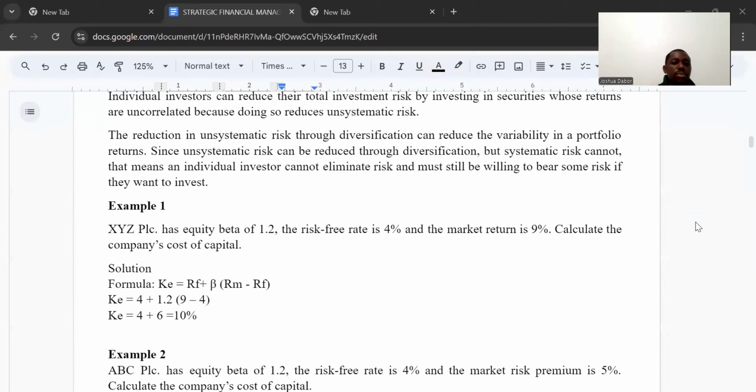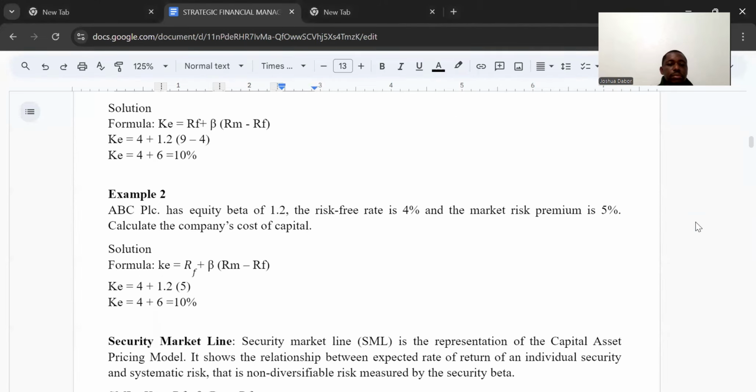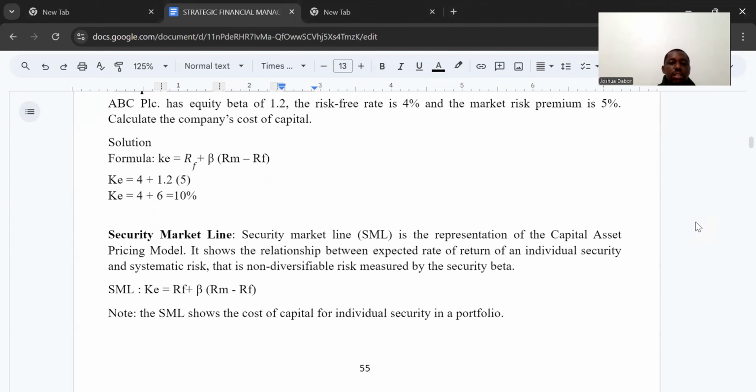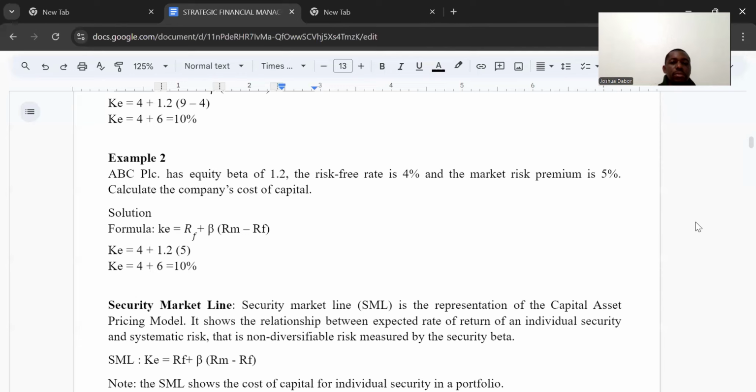Second simple example. ABC has an equity beta of 1.2. The risk-free rate is 4%, and the market risk premium is 5%. Calculate the cost of equity. If you look at this question, here we are given the beta. This is the risk-free rate, RF.